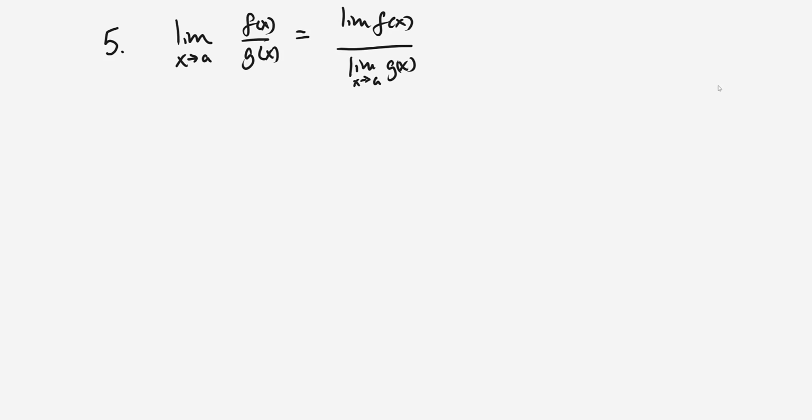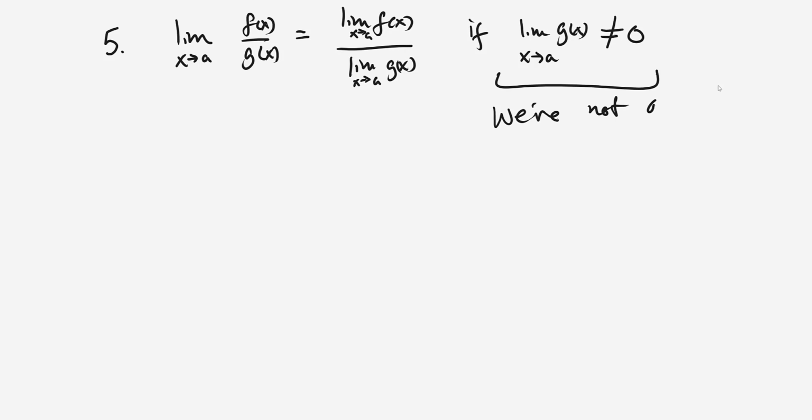So we say the limit of f of x divided by g of x, as x goes to a, will be equal to the limit of f of x divided by the limit of g of x, both as we go to a, but we do have a condition here. The condition is that this is correct only if the limit of g of x as x approaches a is not equal to 0. So as always, we're not allowed to divide by 0.